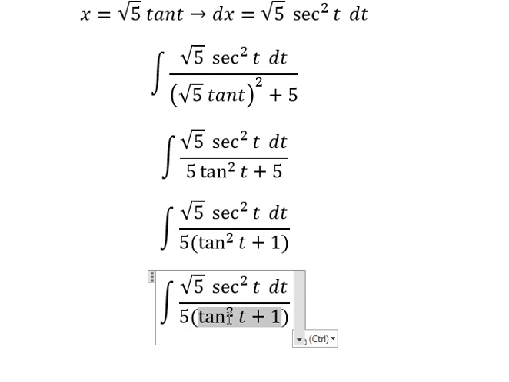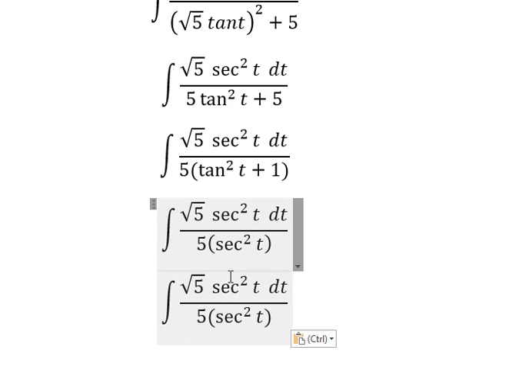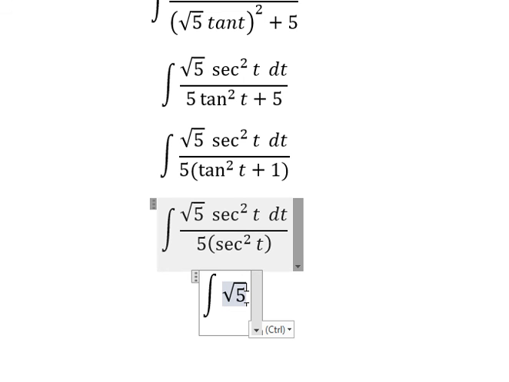So this one you get secant of t squared. Secant of t squared divided by secant of t squared, you get number 1. So we just have only the square root of 5 over 5.